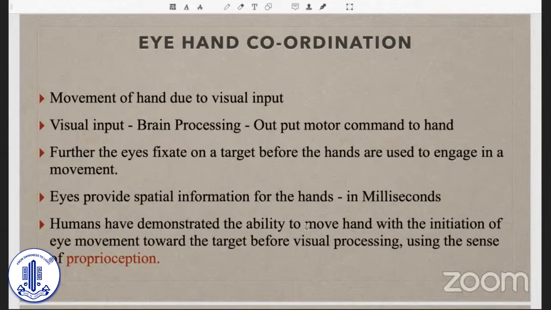This happens in milliseconds, generally less than 25 to 30 milliseconds. So any instrument which takes the image from the eye to the hand should be within that millisecond. In experienced surgeons, the moment you see, our hand will move automatically. That is called proprioception.